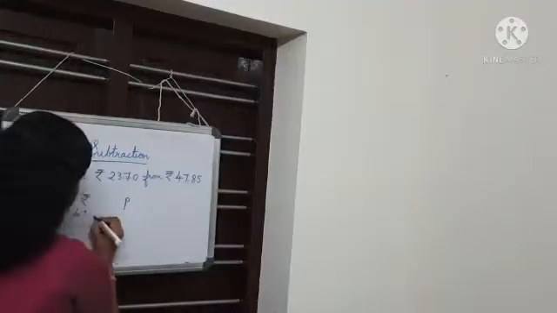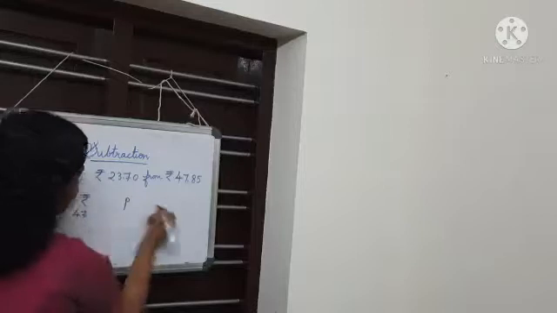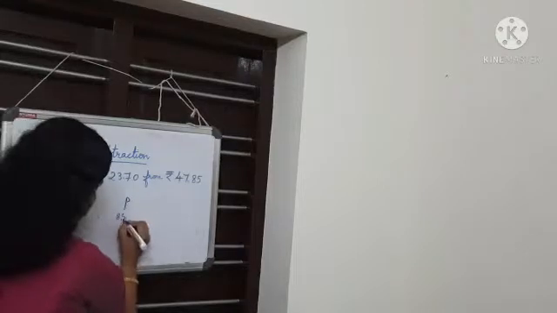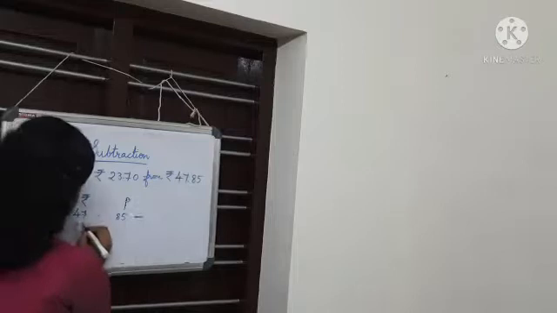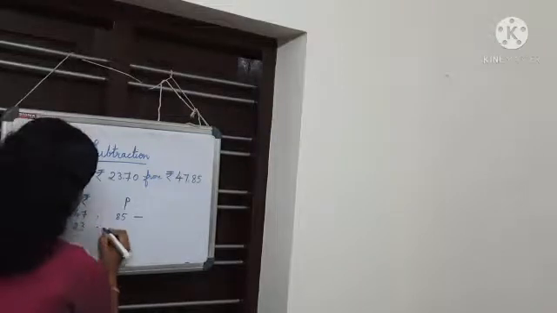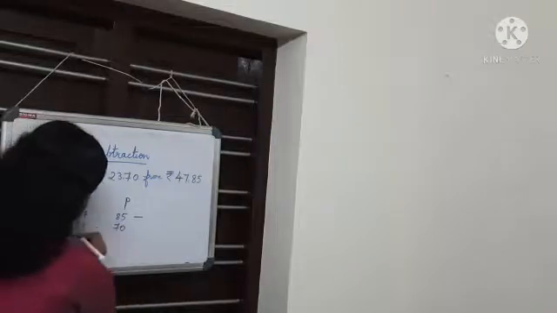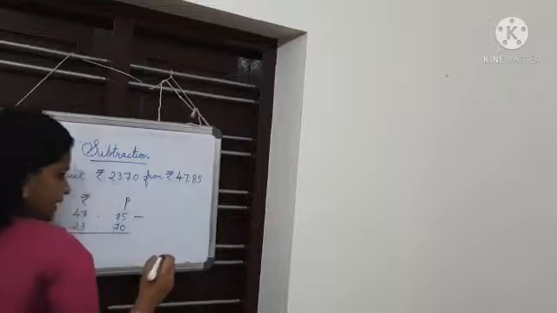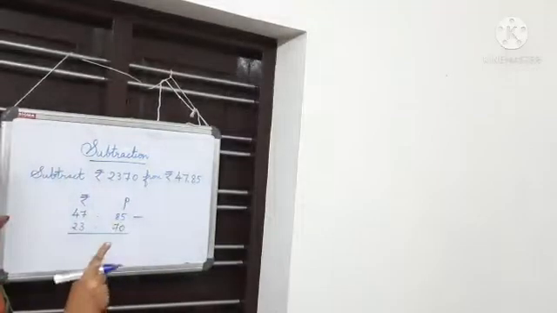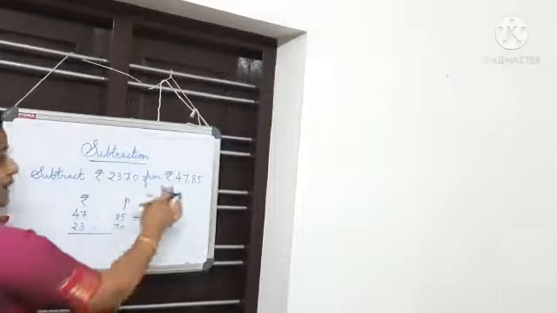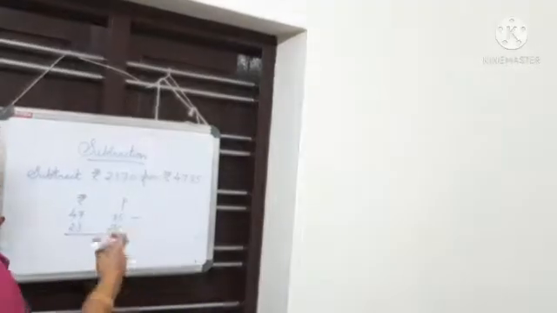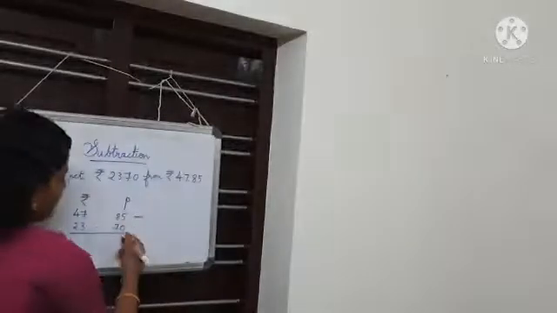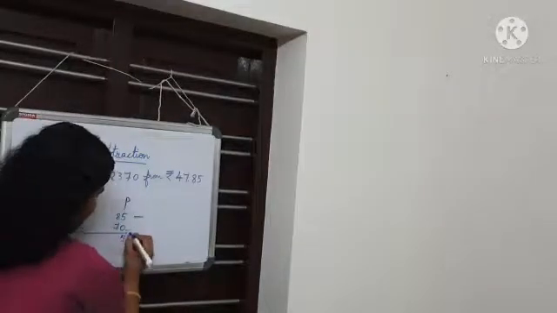Rupees 47.85 minus rupees 23.70. So keep in mind that for subtraction always write the bigger number first. Now let us start subtraction. 5 minus 0 is 5. 8 minus 7 is 1.